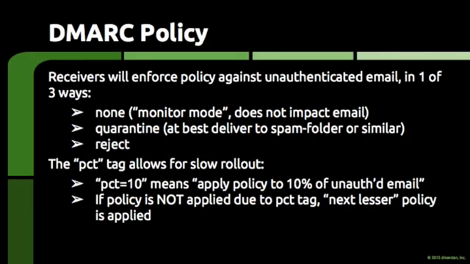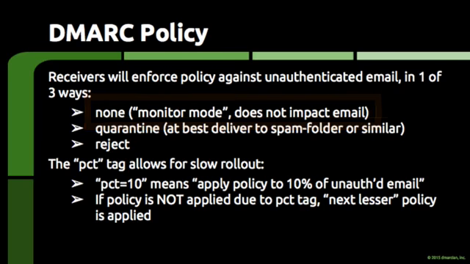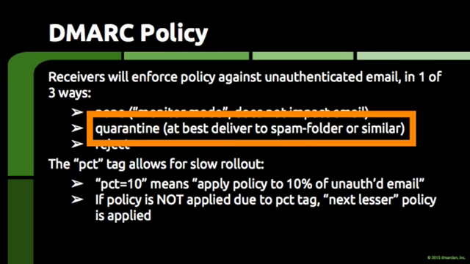Alright, we'll finish out this overview with the different policies that DMARC allows, and with a brief look at the two different feedback reports that DMARC provides. DMARC's policy options are very simple. You can publish a none policy that just means, please send me reports without acting on email that fails the DMARC check. You can publish a quarantine policy that directs receivers to spam folder any email that fails the DMARC check.